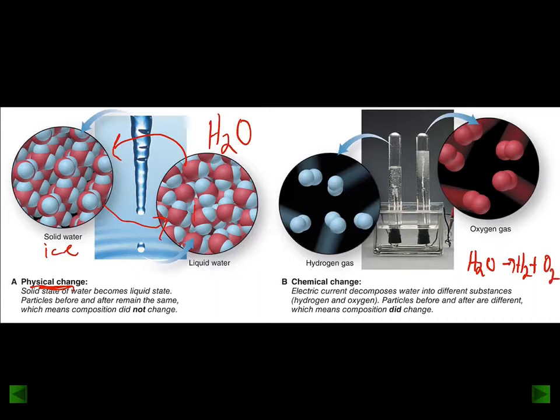So there is a chemical change. In other words, water, which was H2O, is changing into H2 and O2. Now, you have to apply electric current to make that happen. That doesn't just happen in a phase change like we saw over here. So two very different things: one a chemical change and one a physical change.